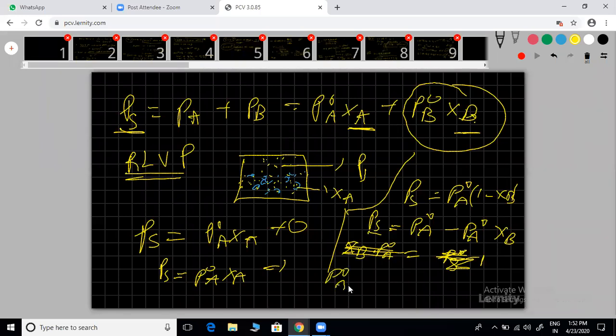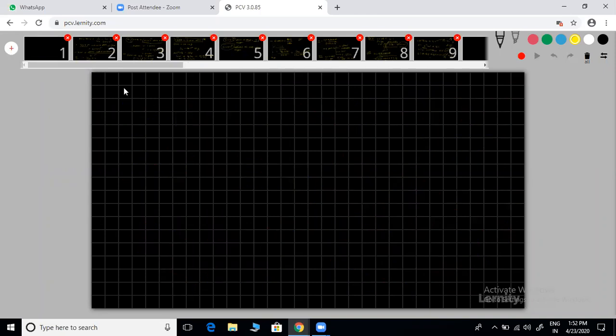P naught A XB equals P naught A minus Ps. Then XB equals, what can you find? XB equals P naught A, which means the solvent, minus Ps by P naught A.